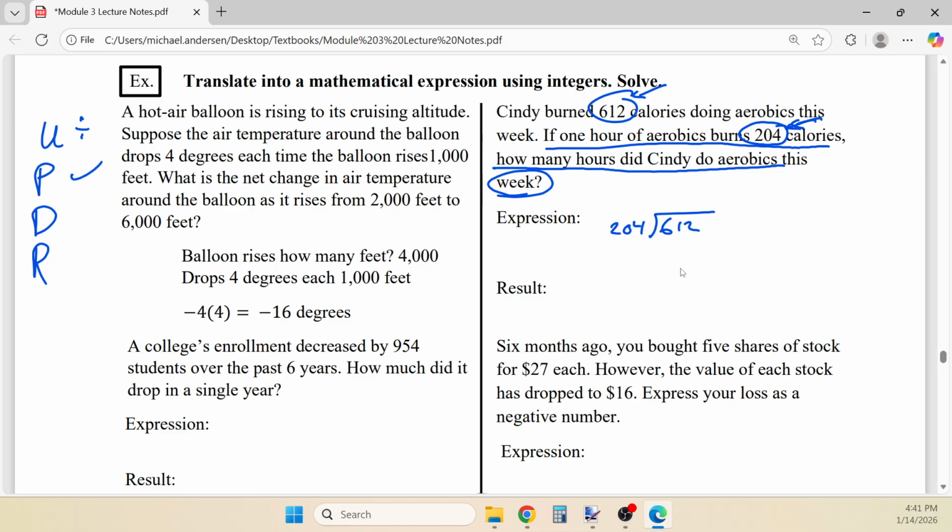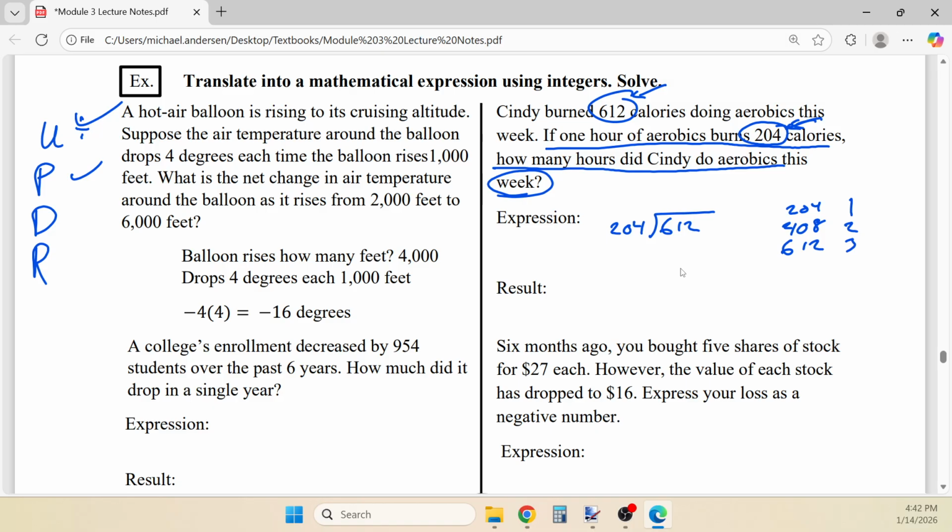Now that we have our plan, we're going to do the plan. 204 is less than 612, so it goes in at least once. 204 plus 204 is 408. So 2 times 204 is 408. We add another 204, we get 612. That's 3 times.